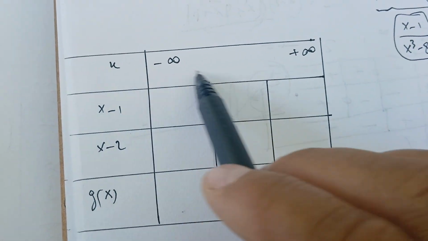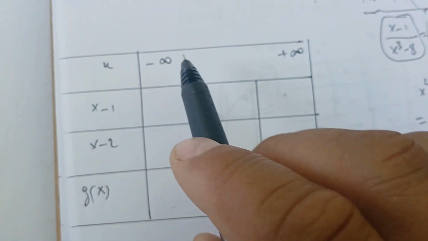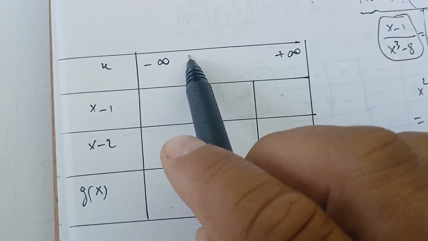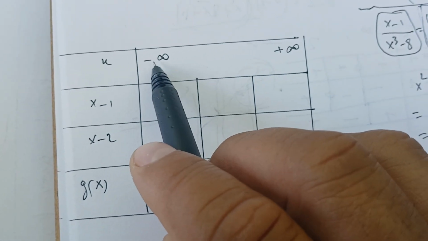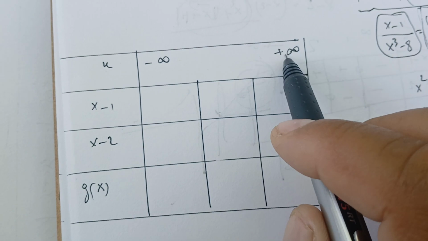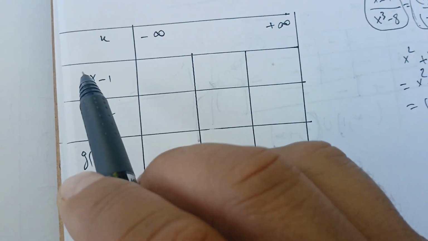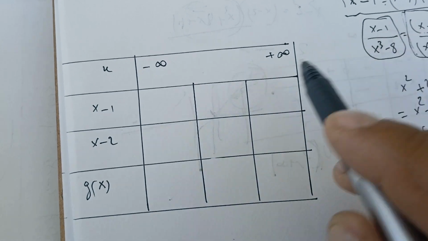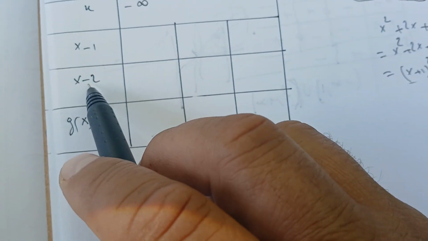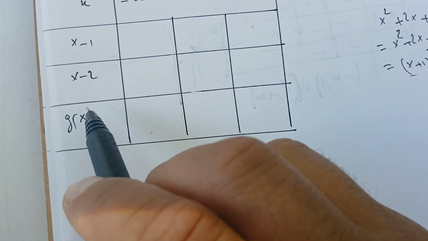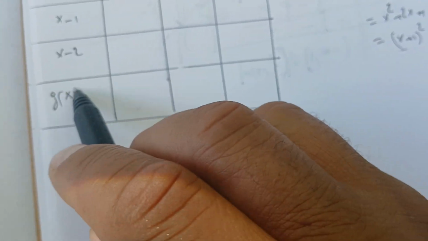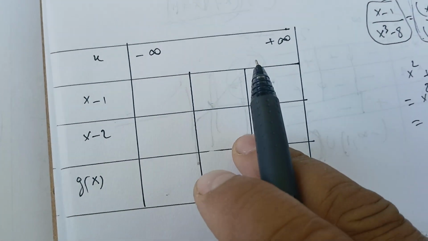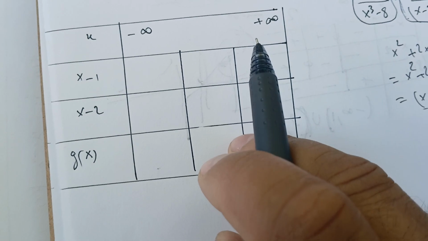On the top row, I put x with its values. x can be any value from minus infinity to positive infinity. On the next rows, I put the first factor, which is x minus 1, and the second one, x minus 2. And on the last, I put the sign. Here, I would deduce the sign of g of x.